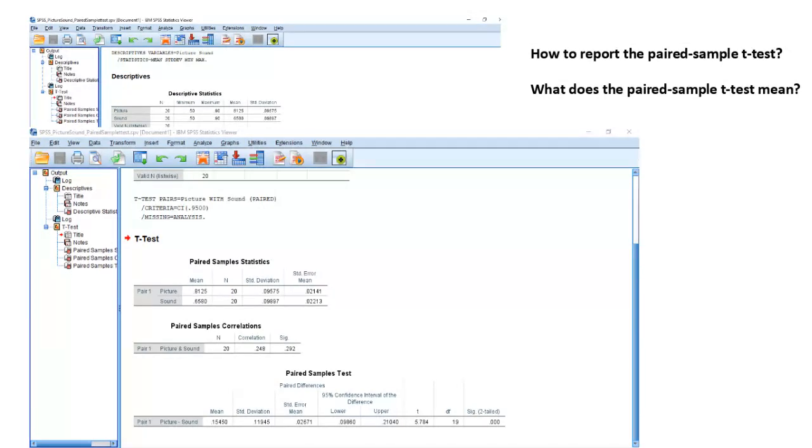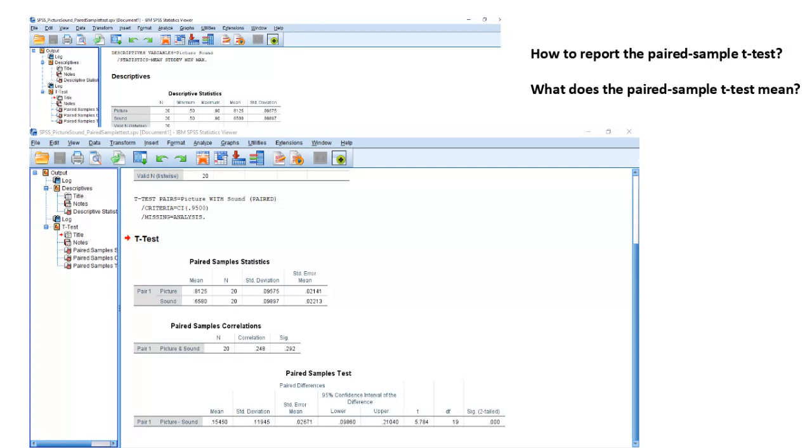Did Donna show you how to report a paired t-test? So how would you report the t-test here? If anyone can see this, how would you report the paired t-test? Does anyone know?